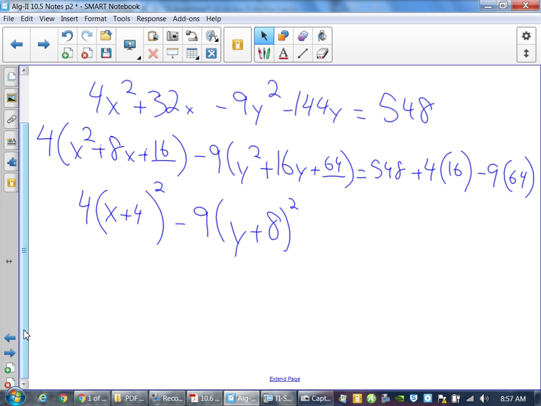So here, 548 plus 64 minus 9 times 64 equals 36. So all those nasty, gnarly, crazy looking numbers equal 36. And it's nice again. The land of happy numbers.